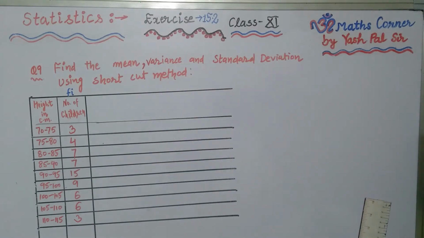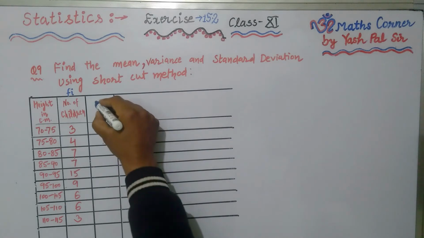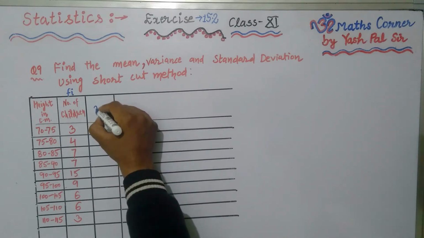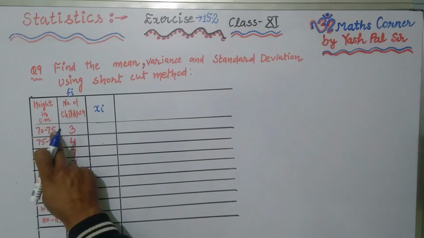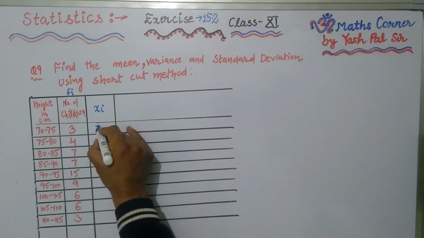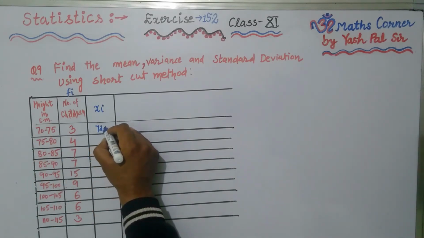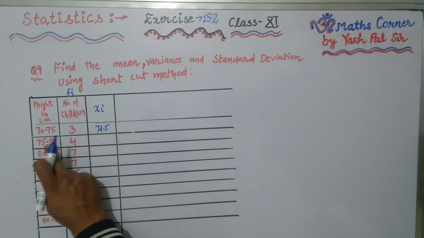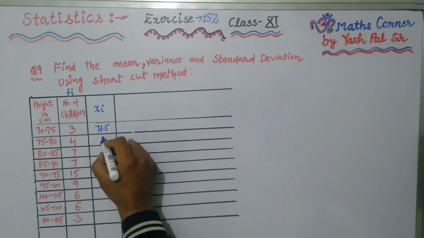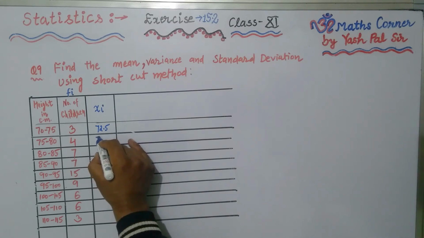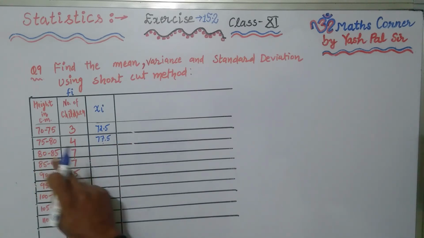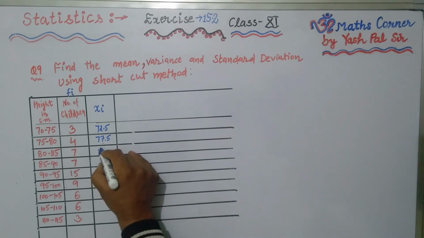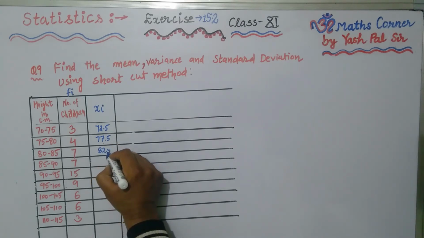First of all, we find xi. Xi means the midpoint of the class intervals. 70 and 75, midpoint is 72.5. 75 and 80, midpoint is 77.5. 80, 85, midpoint is 82.5.